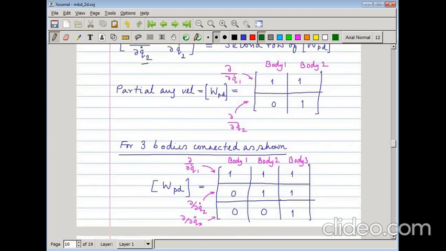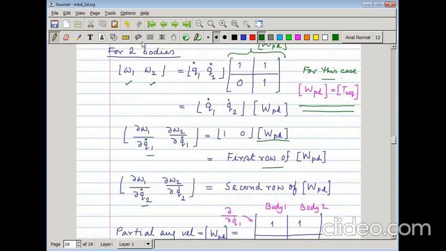Here you notice that the center of mass velocity has 2 components, one along x direction and one along y direction, but omega has simply one component, it is about z, and z for all bodies is the same in plane motion. So for omega only 2 terms are coming.